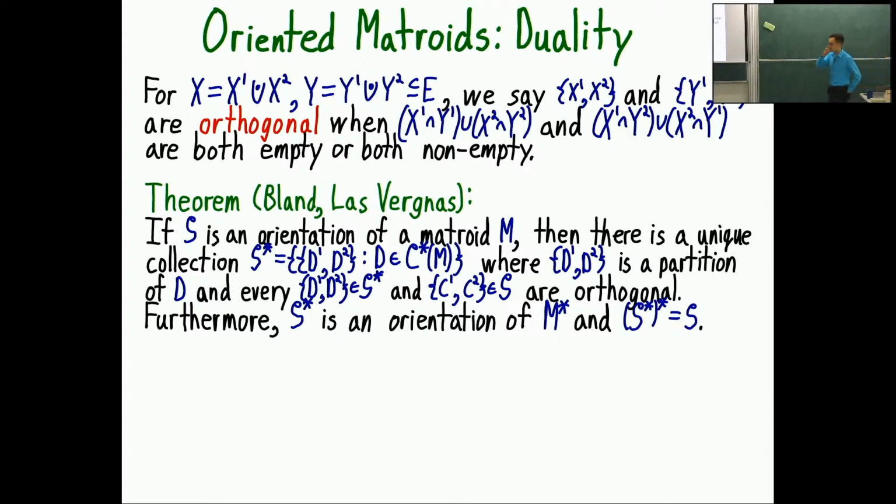It's unordered, yeah. You can also consider oriented matroids where they're ordered, but if you have one, you also have the other. That's often where it's presented. They can be empty, but they can't both be empty. One or the other could be empty.